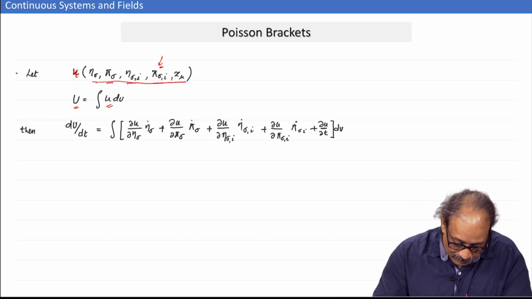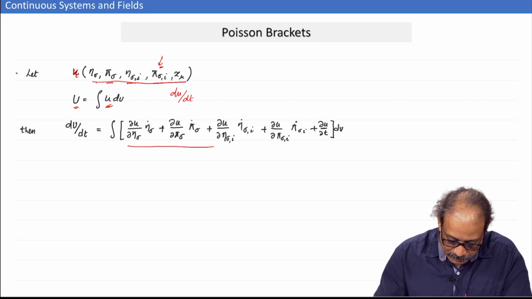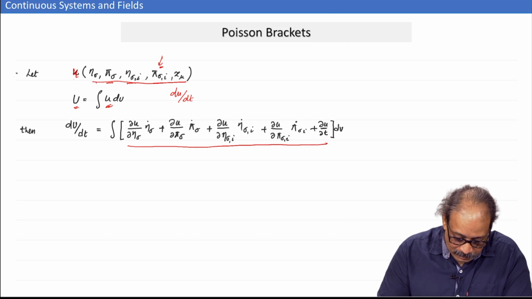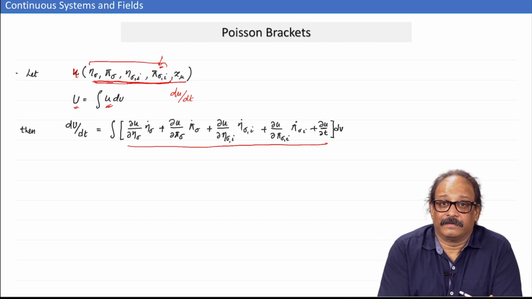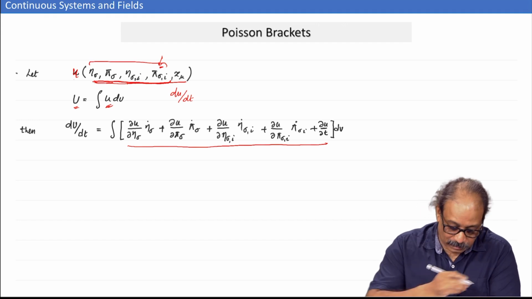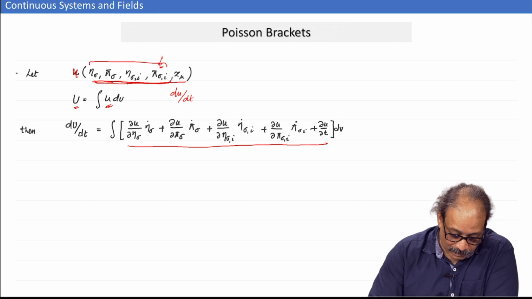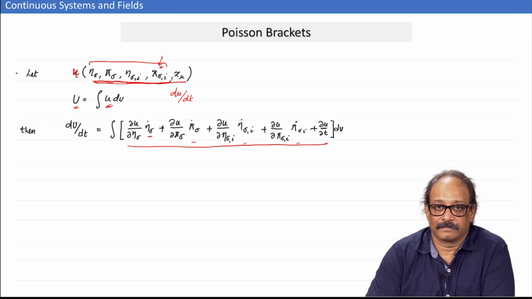And then when I take the derivative of this du by dt, then of course I get all these terms, because all these field variables, the first 4 ones which I have written here, they depend on time t implicitly. Okay. So, you get del u by del eta sigma dot, and similarly of course all the other terms.